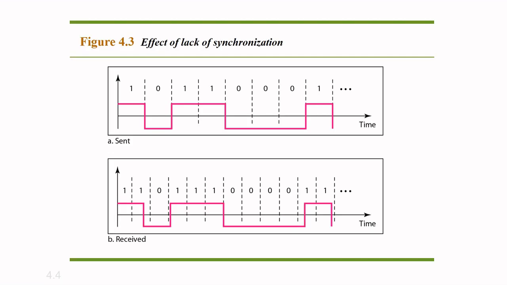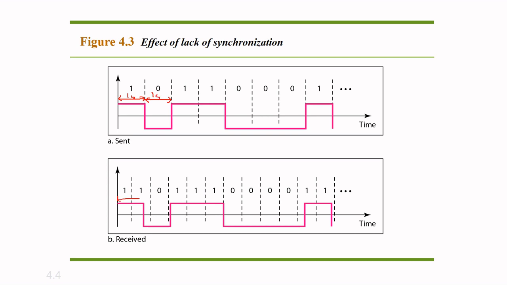Another thing to keep in mind is the synchronization between the sender and the receiver. What we mean by synchronization here is that the sender's bit interval and the receiver's bit interval must match. So if the sender is sending data after every, let's say, 1 second, then the receiver should also be reading the data after every 1 second.